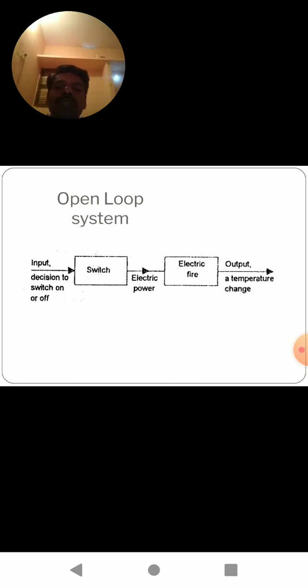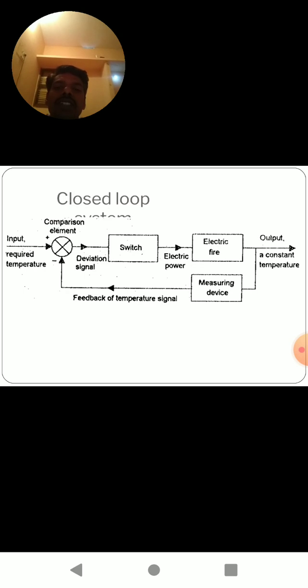Let us see from these two. Here additional elements are included: the comparison element and the measuring device of the feedback loop. So these two elements are additionally introduced in the closed loop system.